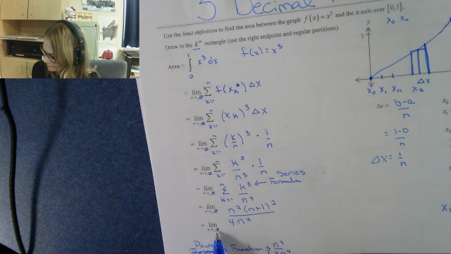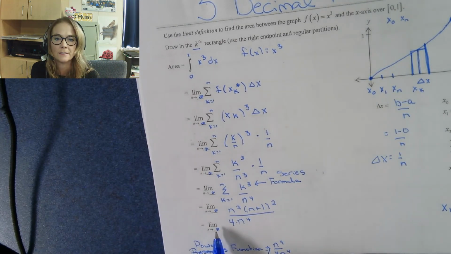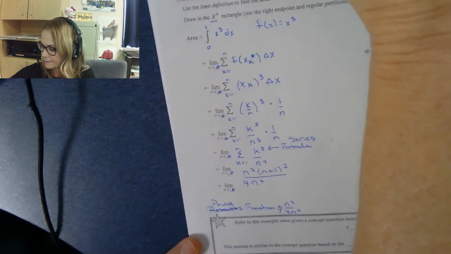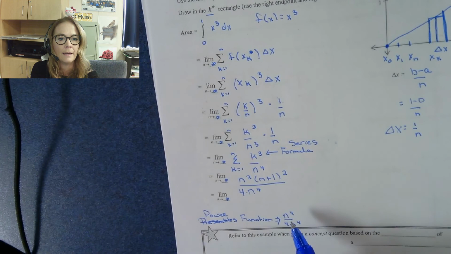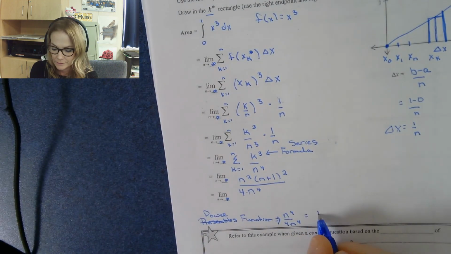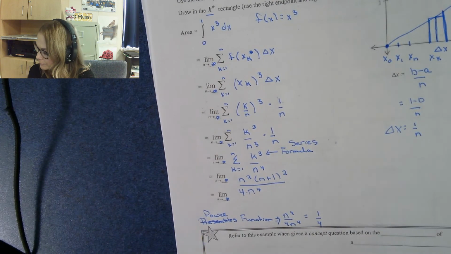When I push the limit to infinity, those are your horizontal asymptote shortcuts. The exponents match, so you do coefficient over coefficient. So this answer is going to be 1 over 4, the exact area under the curve. And we'll do that on the calculator too, so you can see that.